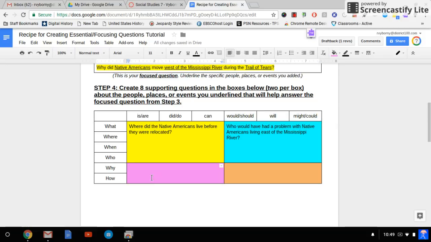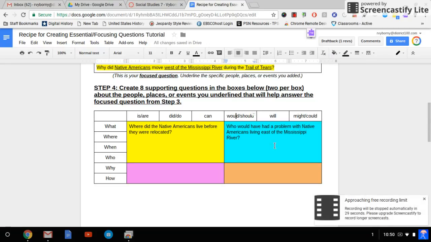When I create questions for this brown and yellow box, I'm going to go with why or how, but I'm going to switch it over to these 3 boxes over here. So you can see on this one, where did, and then in this box I went with who would. You can do any combination that you want, but this is just to help you have a nice variety of questions.